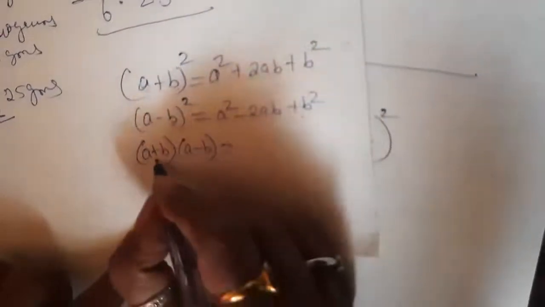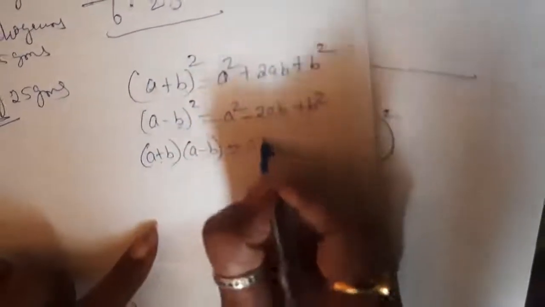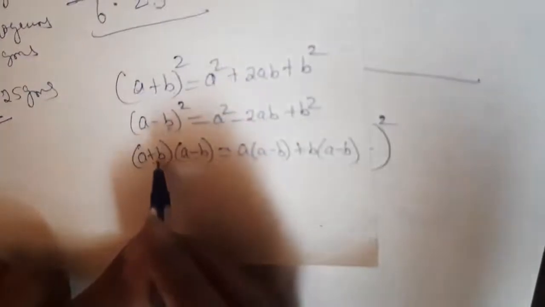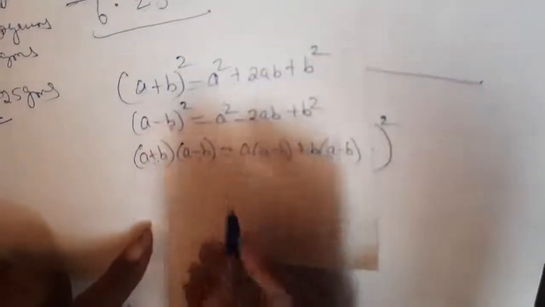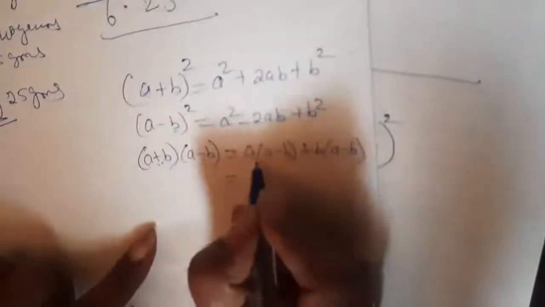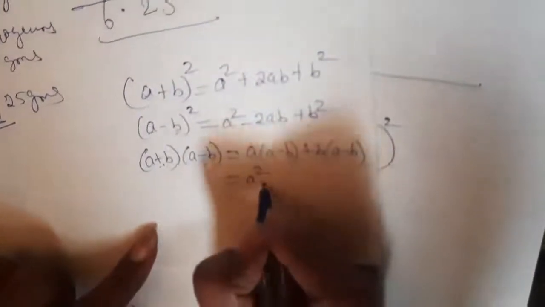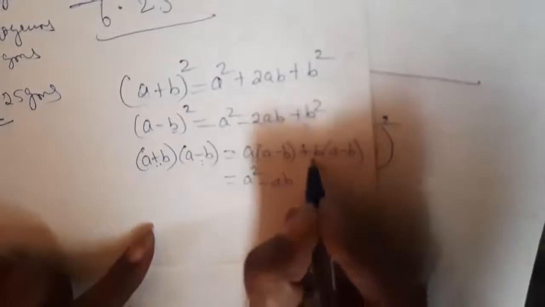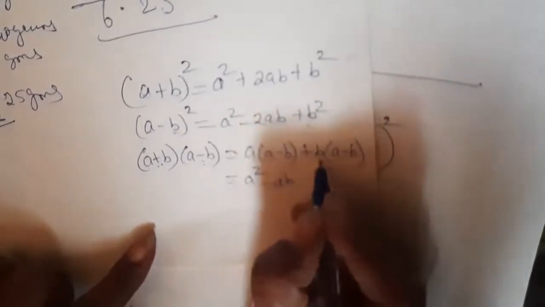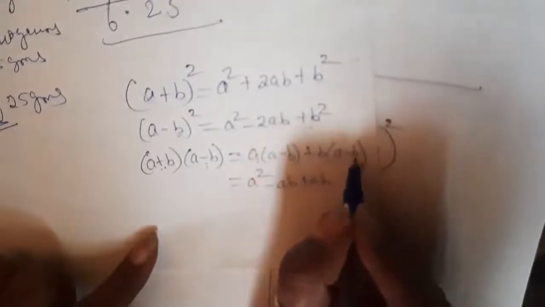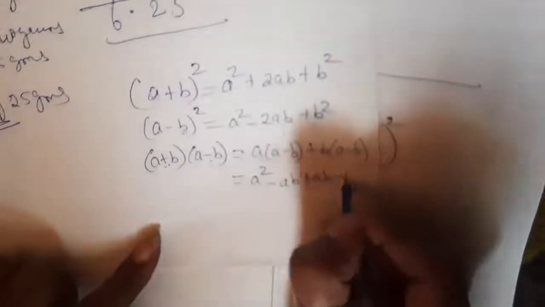Also, you can understand this formula, a plus b into a minus b. See the two brackets. So this is a into a minus b plus b into a minus b. This is how we are going to multiply one bracket with the other bracket. That's equal to a into a, a square, a into minus b, minus ab, then this bracket plus a into b, plus ab, plus b into minus b, minus b square.